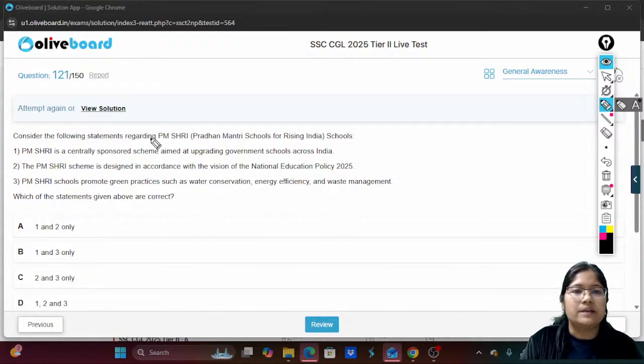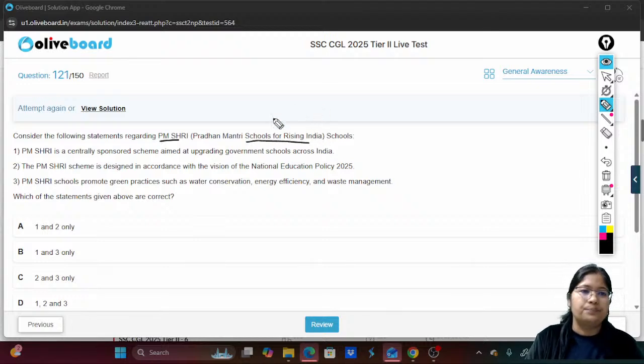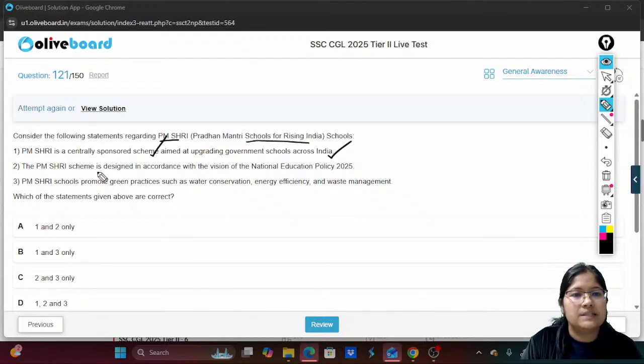Consider the following statements regarding PM SHRI, Pradhan Mantri Schools for Rising India. PM SHRI is a centrally sponsored scheme, yes. Aimed at upgrading government schools across India, yes. PM SHRI scheme is designed in accordance with the vision of the National Education Policy 2025.